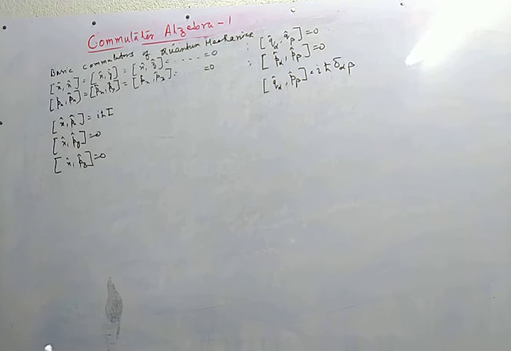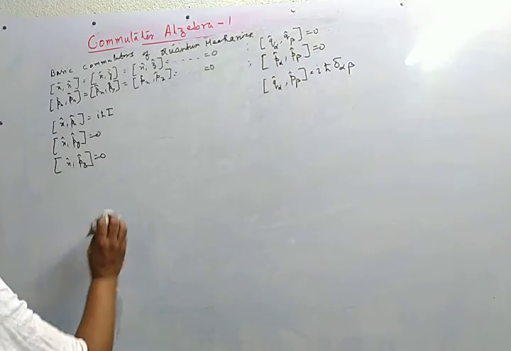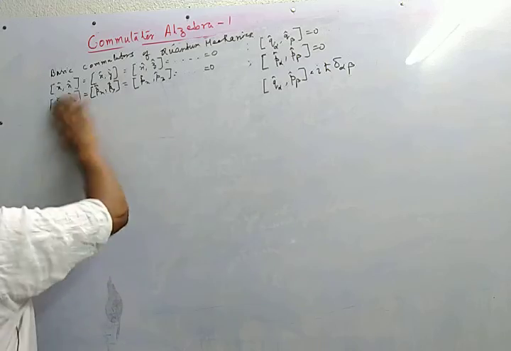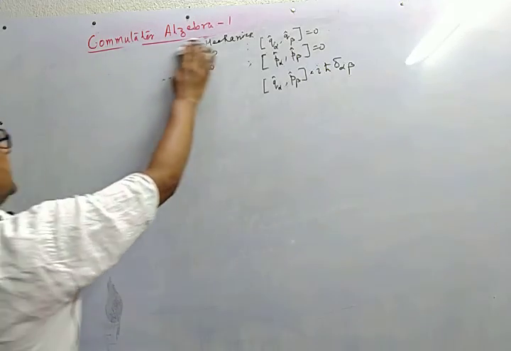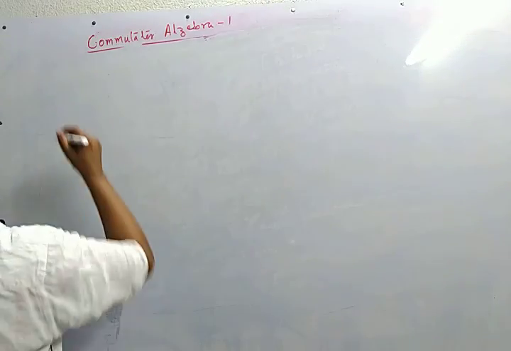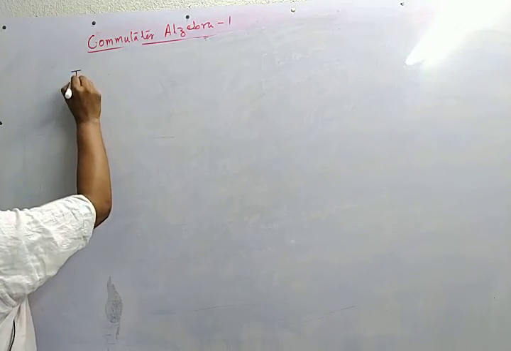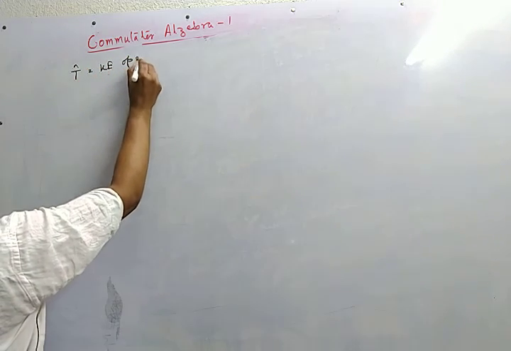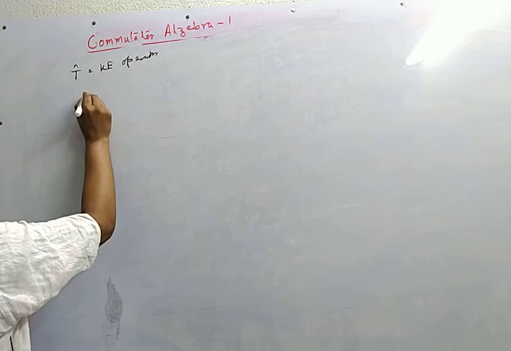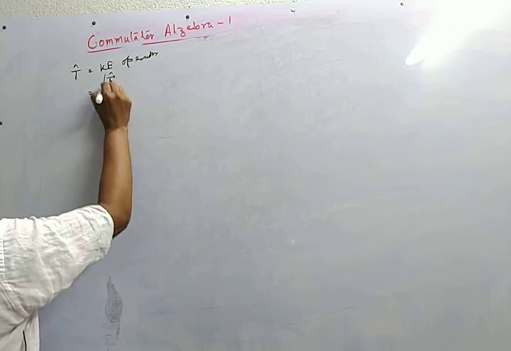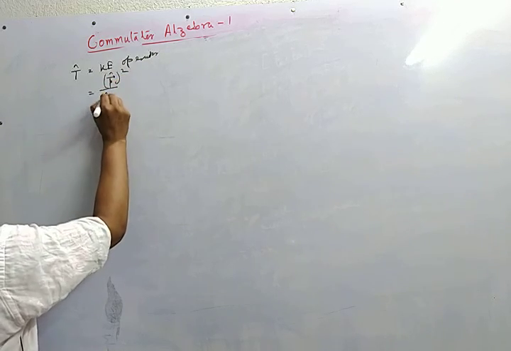We come to the commutator of x with the kinetic energy operator. With this knowledge, we start with the kinetic energy operator T, the kinetic energy operator, which is equal to p vector operator squared by 2m.